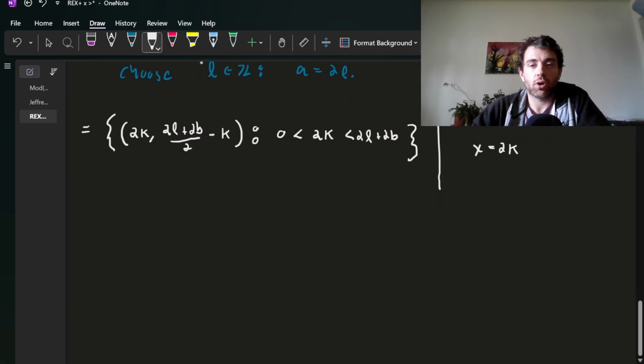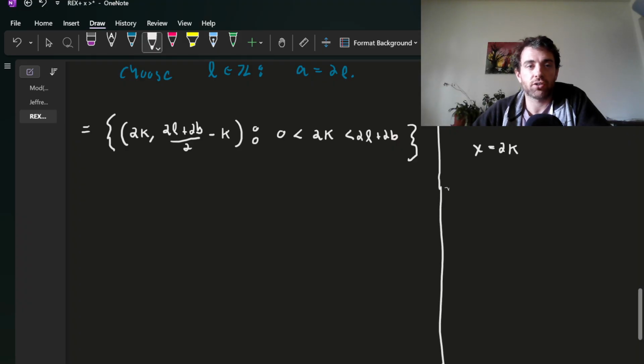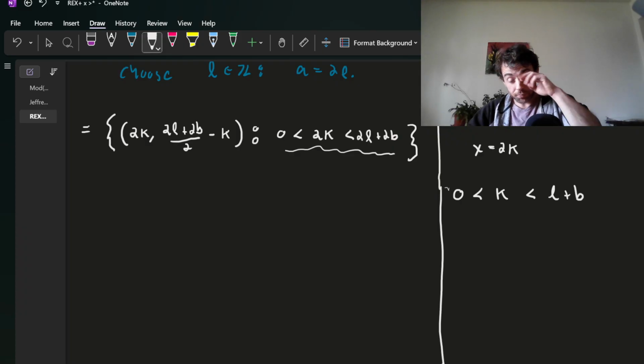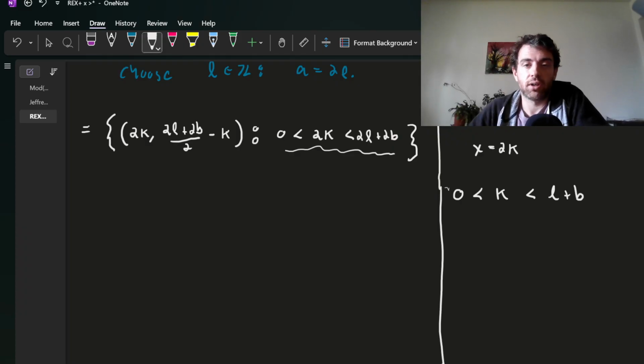So to do one last rewrite on this set, everything in this inequality here is even. So I can divide through by 2, and again, I get k between 0 and L plus B. And now, what is this? Well, k, remember, this has to be a positive integer. So it can't be anything in between 0 and 1.